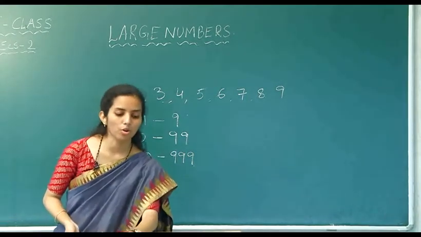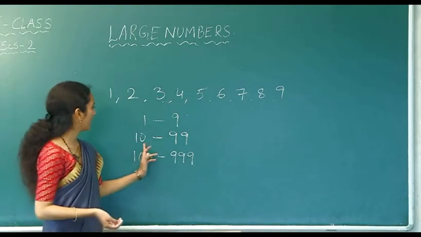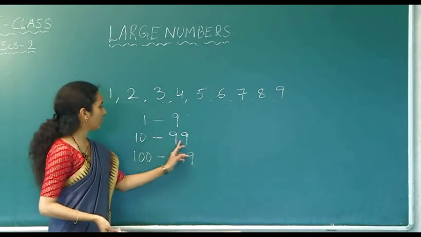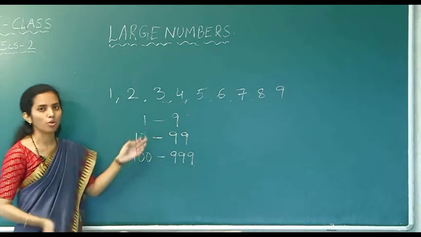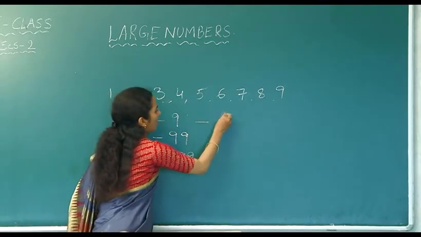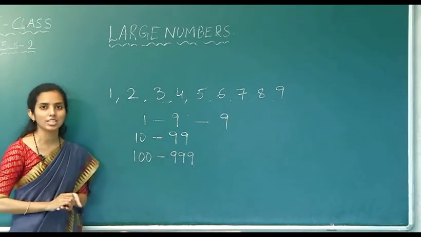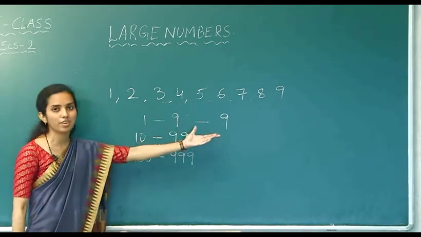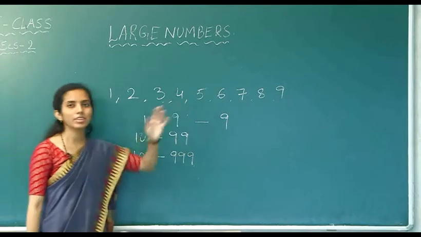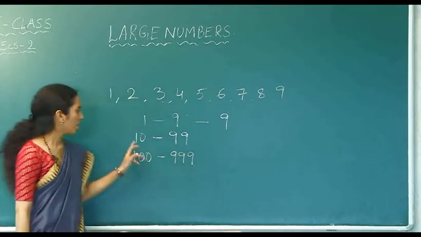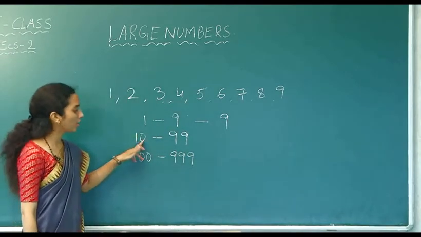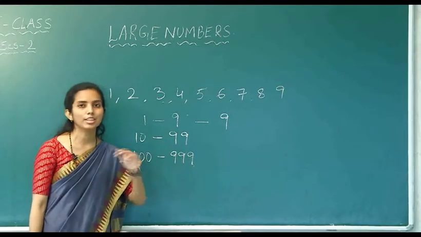What did we want to know? We wanted to know how many numbers are there between 10 to 99. How many numbers will be there here? 9, because we have only 9 single digit numbers. So this is very easy for us to count. But we can't count from 10 to 99, it is very time taking.